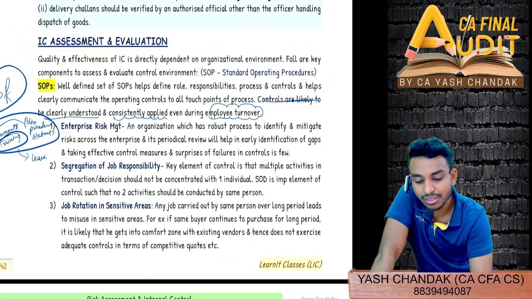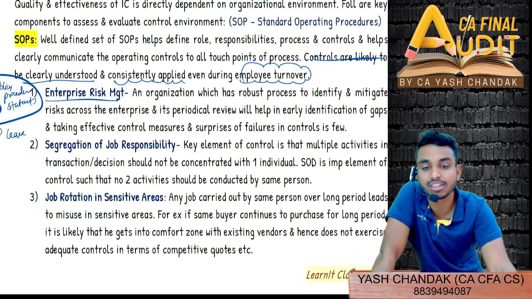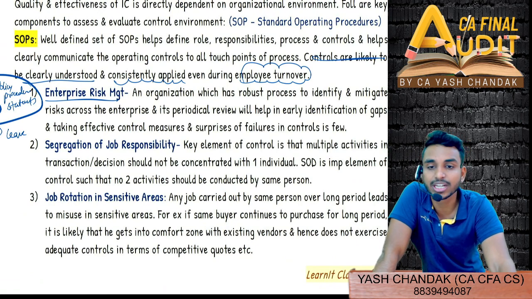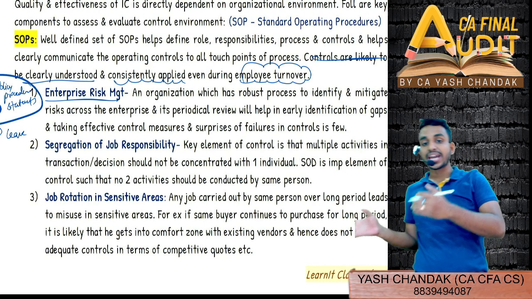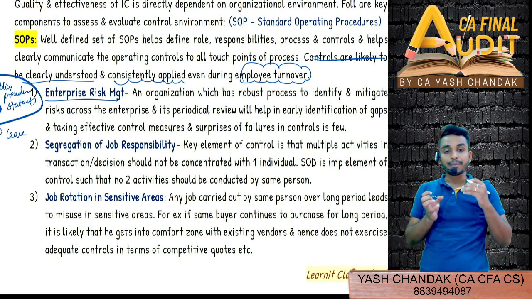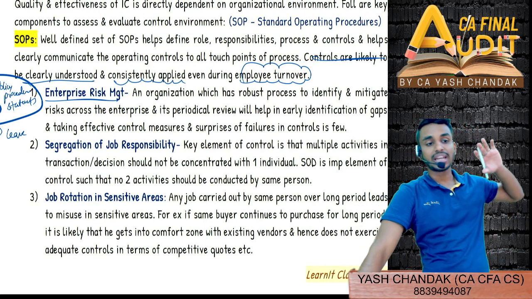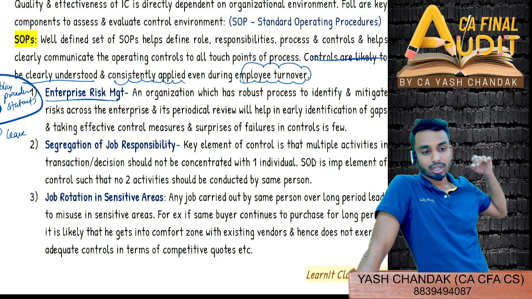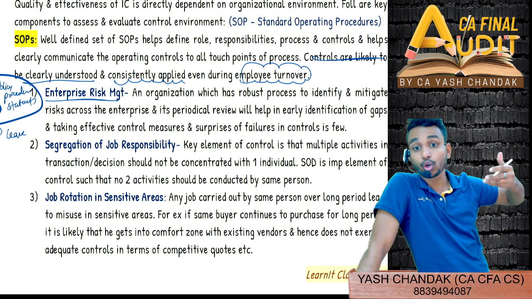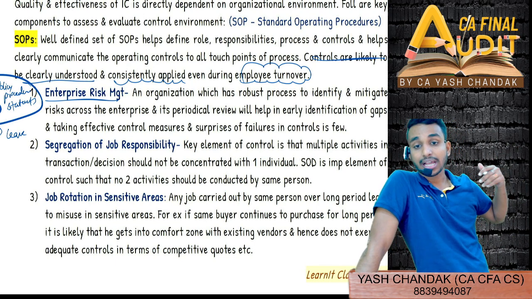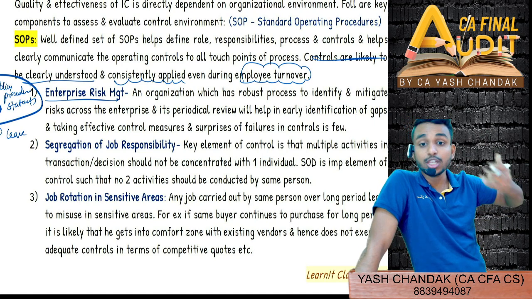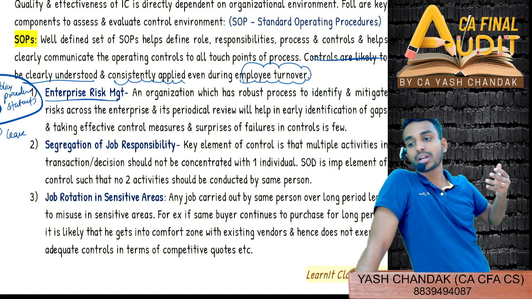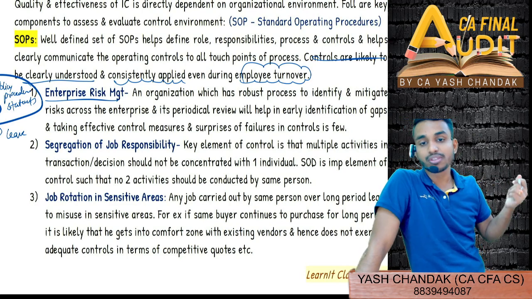So see here, enterprise risk management, that is SOP with respect to ERM. Generally you will find that enterprise risk management SOP is there, so that we hire employees even if their mentality is not what we thought, or is more inclined towards errors or fraudulent mentality, but still they will be imbibed with the quality of creating value for the organization, addressing the stakeholders of the company.